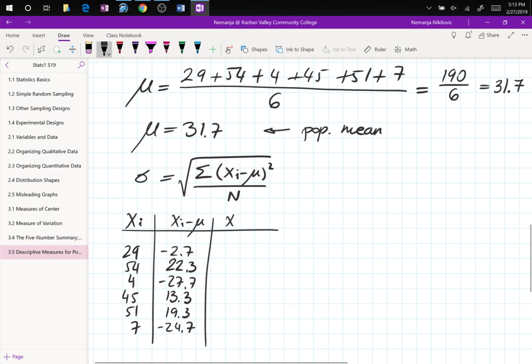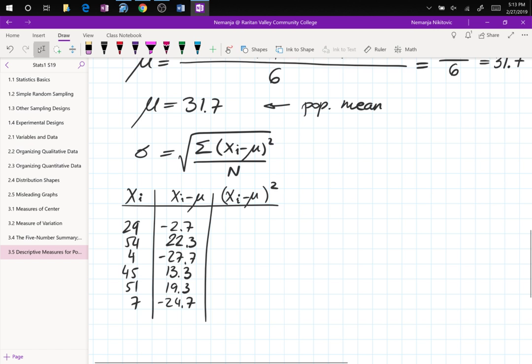Now I need squares of each one of these. So we need to square. Negative 2.7 is like squaring 2.7. So 2.7 squared is 7.29. And then 22.3 squared is 0.29. Thank you.